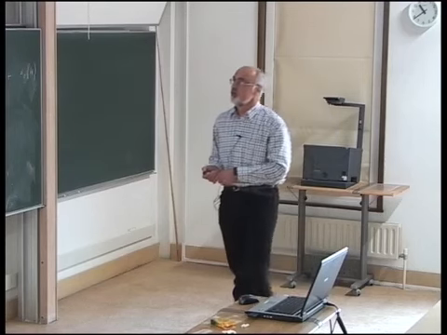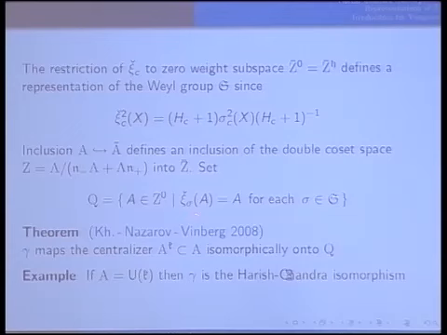What I mean is the following: I consider the elements of this double coset space which are invariant with respect to Zolobenko operators, which also belong to the zero-weight space, and which are images of the elements of the initial algebra, not localized.